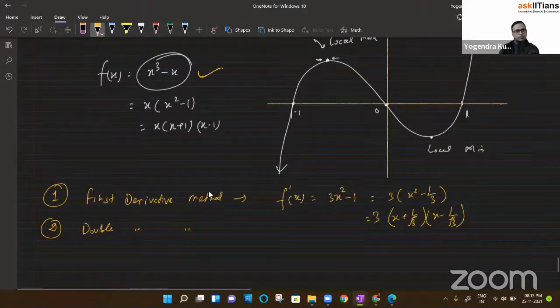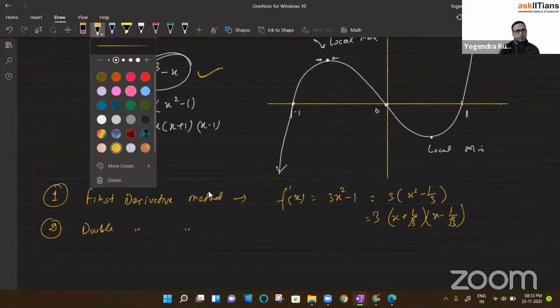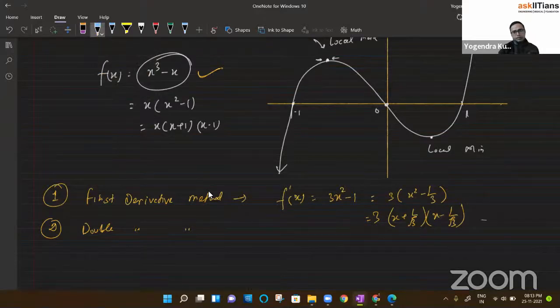So now we can decide. There are two critical points here, minus 1 by root 3 and 1 by root 3. Correct, everyone? For this first derivative dy by dx, you can use the Wavy Curve method, or you just put any value greater than 1 by root 3.